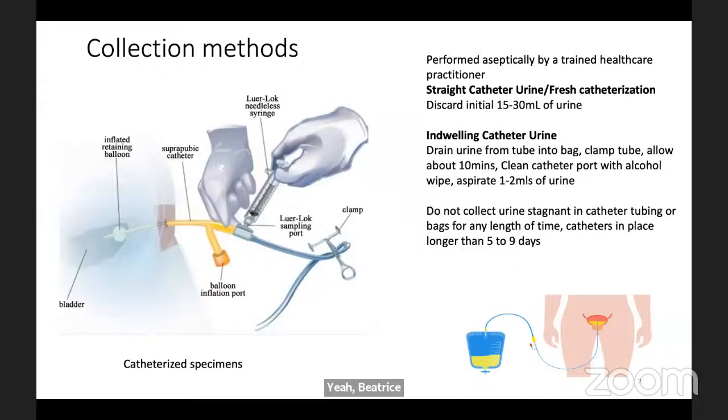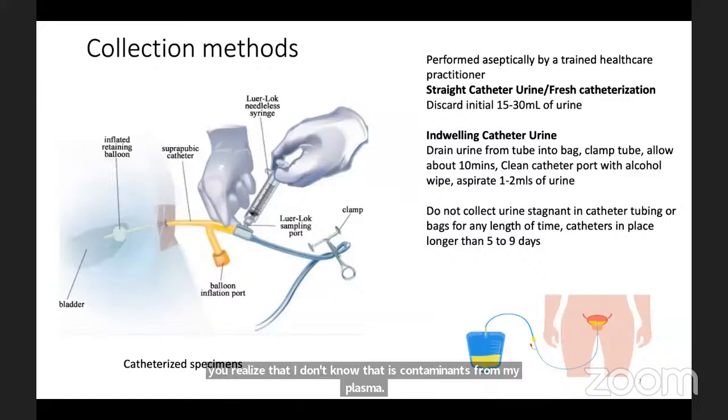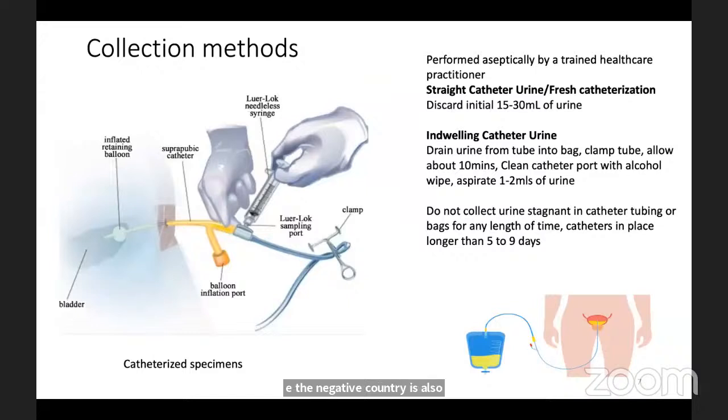Sometimes, if you set a control and then a negative control, you have the patient result, then in 24 hours, you realize, I don't know whether it's contamination from my plasma, that the negative control is also showing coagulation. Right. So Doc will shed light on that. Yes, so I want to know.